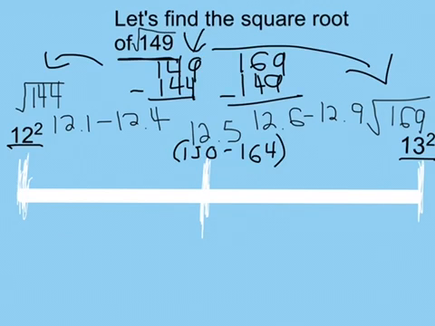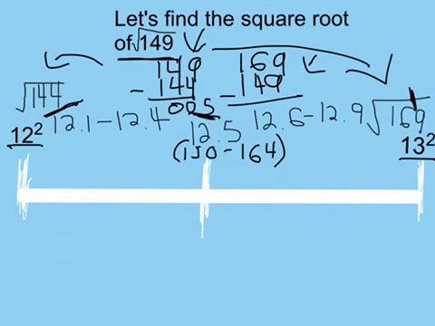So, we're going to solve this problem first. We're going to be subtracting the square root of 144, also known as 12, away from our square root of 149. So, 9 minus 4 equals 5. So the answer to this problem is 5. Now for this problem, we're going to be subtracting the square root of 149 from the square root of 169, also known as 13.